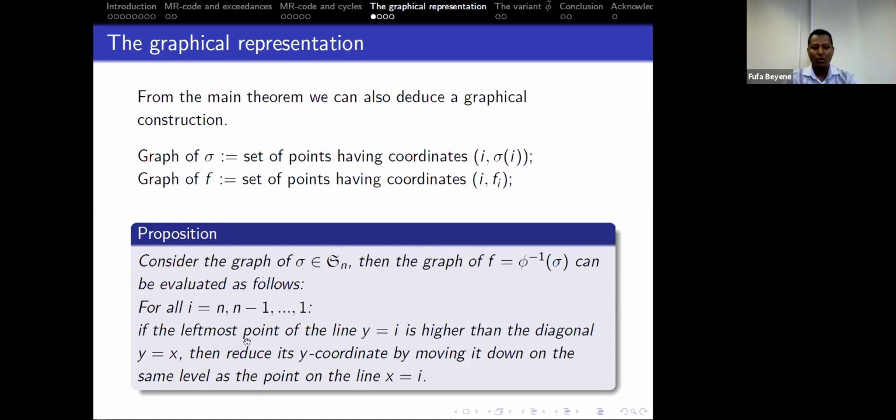If the leftmost point of the line y equals i is higher than the diagonal y equals x, then reduce its y coordinate by moving it down to the same level as the point on the line x equals i. So this is the procedure we follow to use the graph of sigma in order to evaluate f.